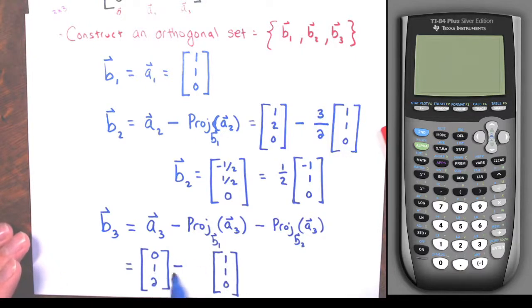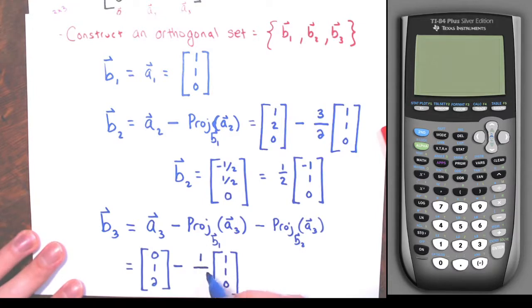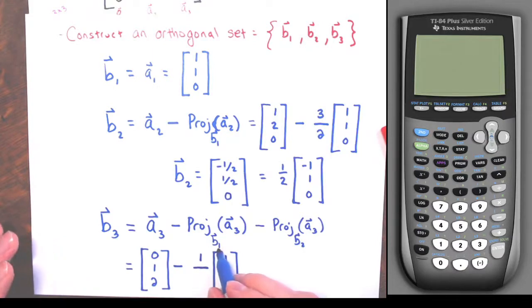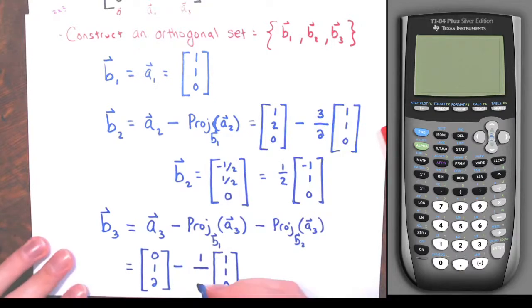That's 0 plus 1 plus 0, so just 1 for the numerator of the scalar. And then for the denominator, it's B1 dotted with B1. So 1, 1, 0 with 1, 1, 0. That's 1 plus 1, that's just 2. So I got half of B1 is the projection of A3 onto B1.